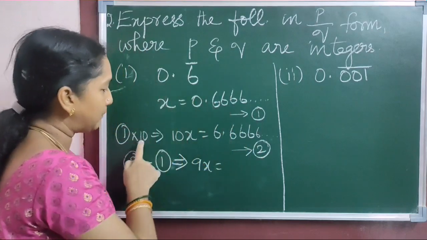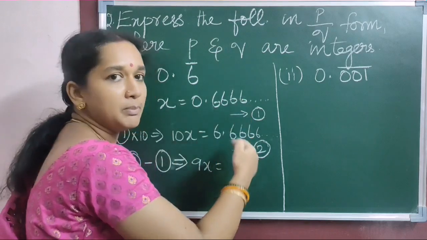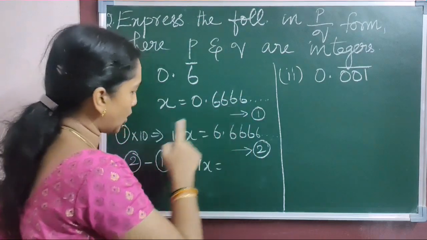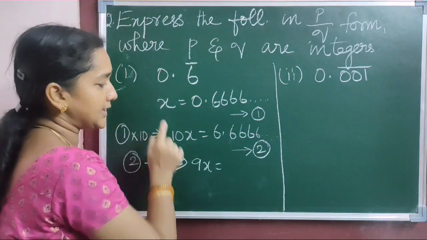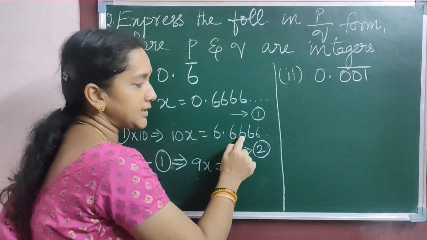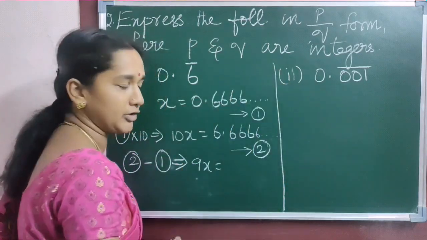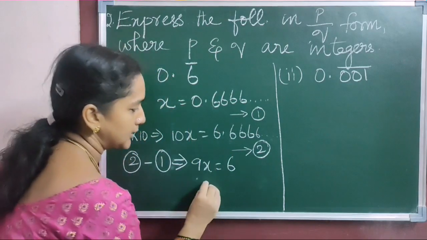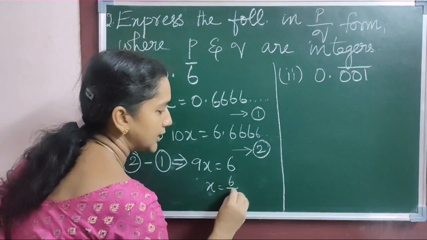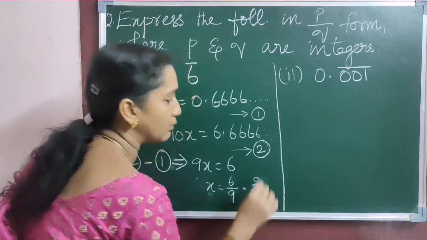Here when you multiply by 10, the decimal parts will be equal in both equations. So 10x minus x is 9x. 6.666 minus 0.666, all the decimal parts will go. You will get only 6 on the RHS. So you will get x is equal to 6 by 9. When you simplify this, you will get 2 by 3.